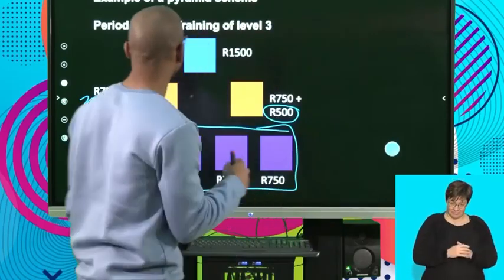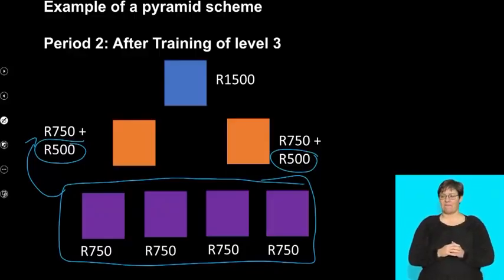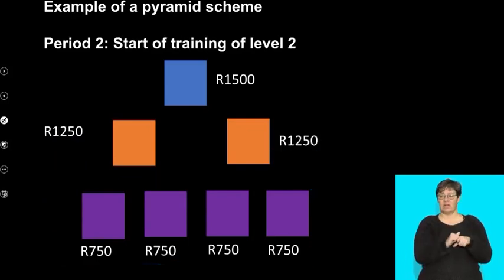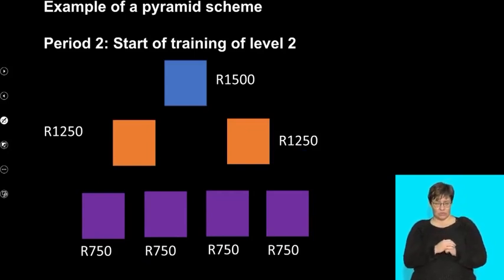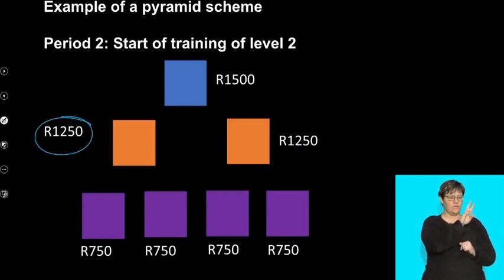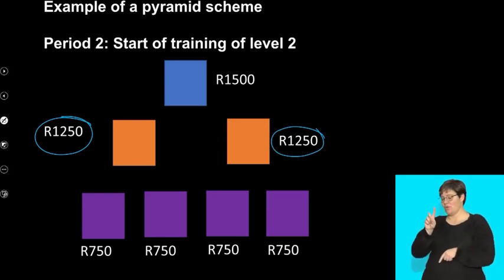So after this training, which is the start of level 2, what does this mean? The two people who recruited the 4 people are now sitting on 1,250.